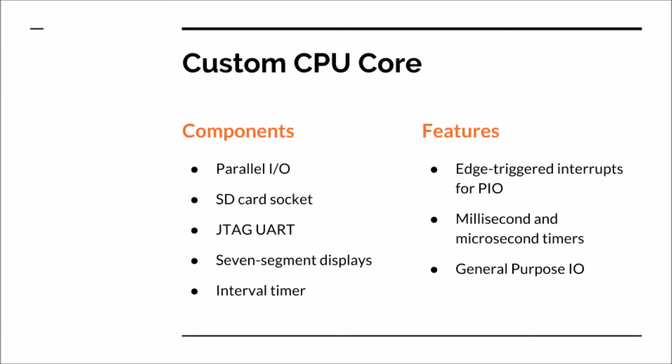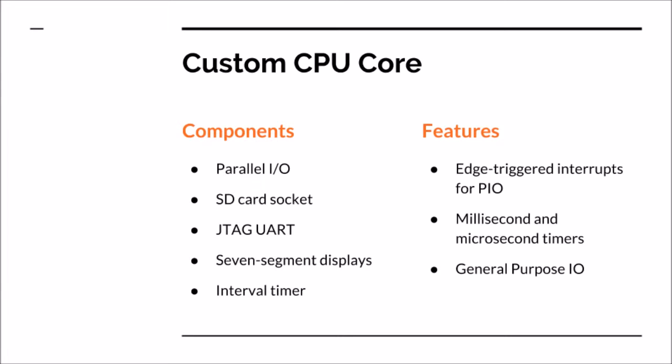You can even use it as an output for the red and green LEDs and for the 7-segment displays. Additionally, you can use it for general purpose in the case of GPIOs. In addition to that, you also have your SD card socket for this particular project, JTAG UART, as previously mentioned, 7-segment displays, and interval timers.